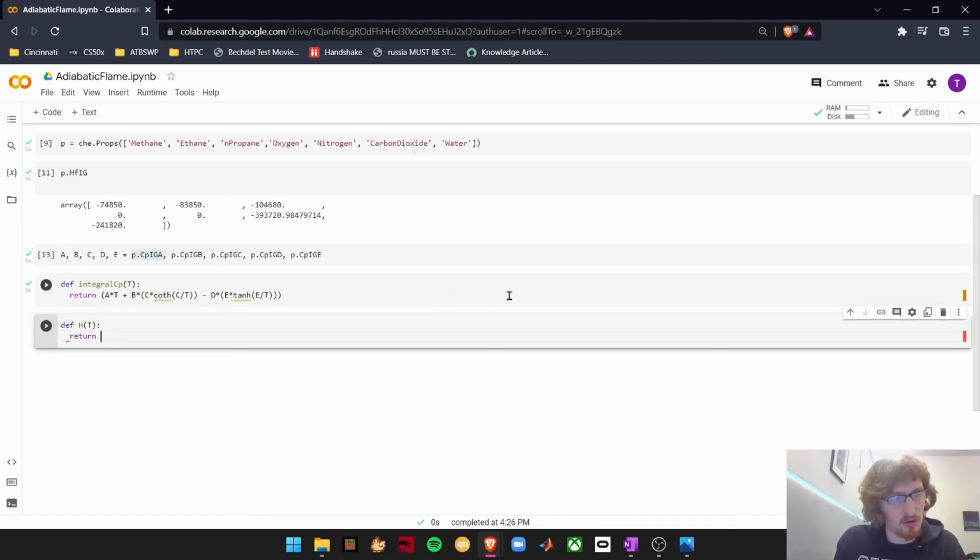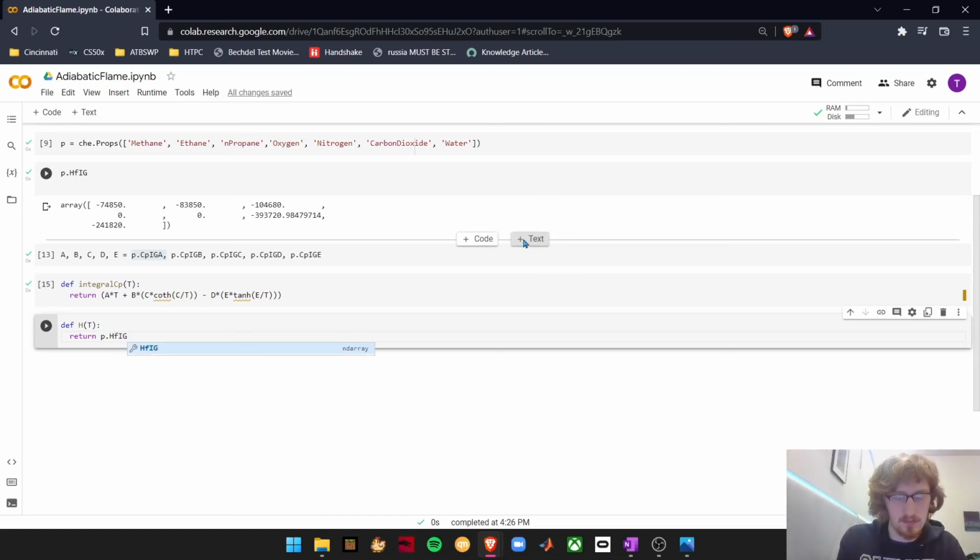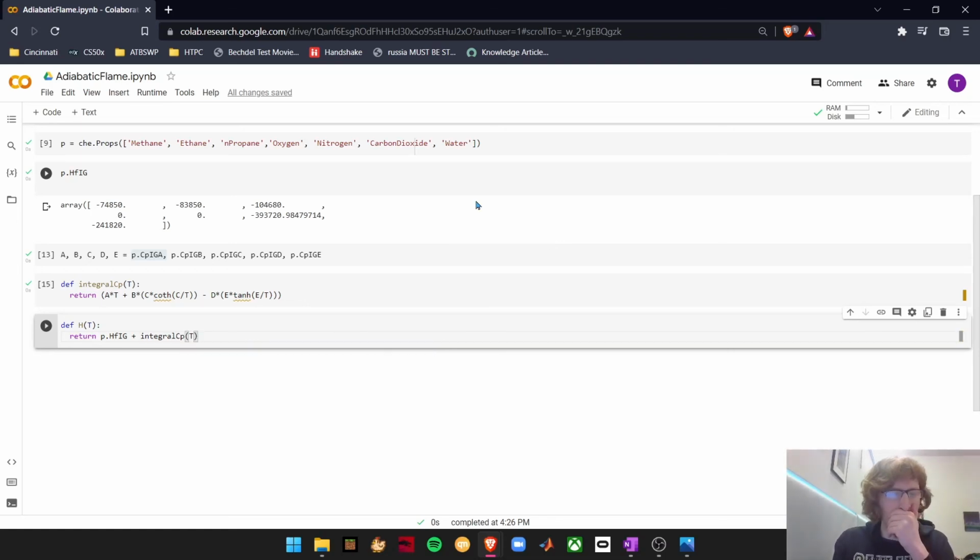So we want to return our integral, or actually let's go ahead and start out with our enthalpies of formation. Plus our integral Cp at our temperature, and then we'll specify the temperature later. Sorry, a bit tired.